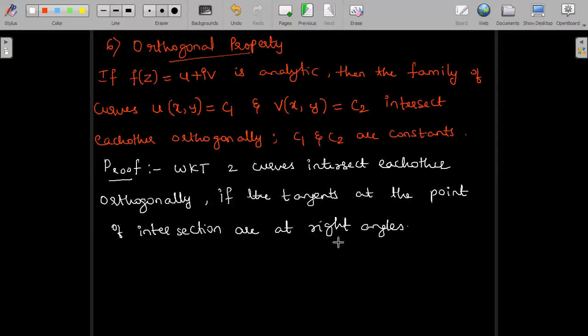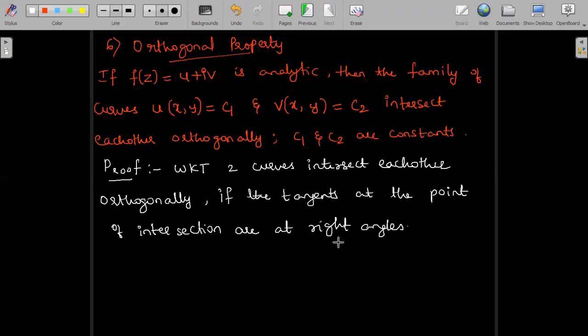I repeat, dy by dx represents the slope of the tangent and the condition for perpendicularity of two lines is that the product of their slopes must be equal to -1. So here also we are going to prove the same thing. Let us denote the slopes by m1 and m2. So we need to prove the product of the slopes, that is m1 into m2 is equal to -1.